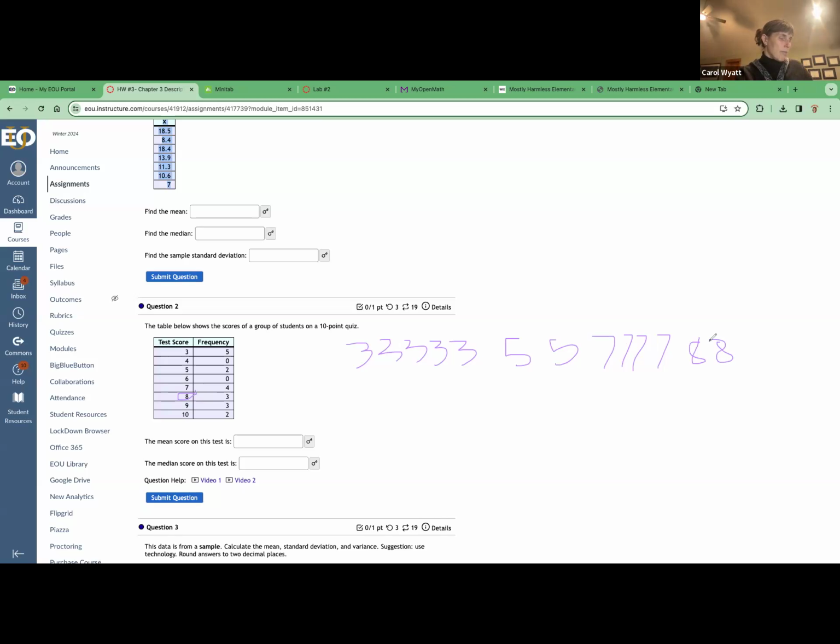So I'm going to grab my TI-84 again. I'm going to type in both lists, the frequency into list 2 and the actual values into list 1.